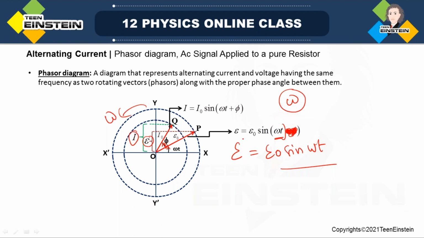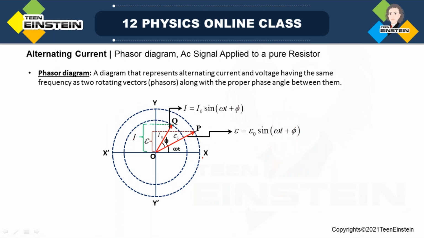The rotating vector method is very important and very easy for representing any sinusoidally varying quantity. Just by seeing the phasor diagram, without any calculation, you can get all the information.